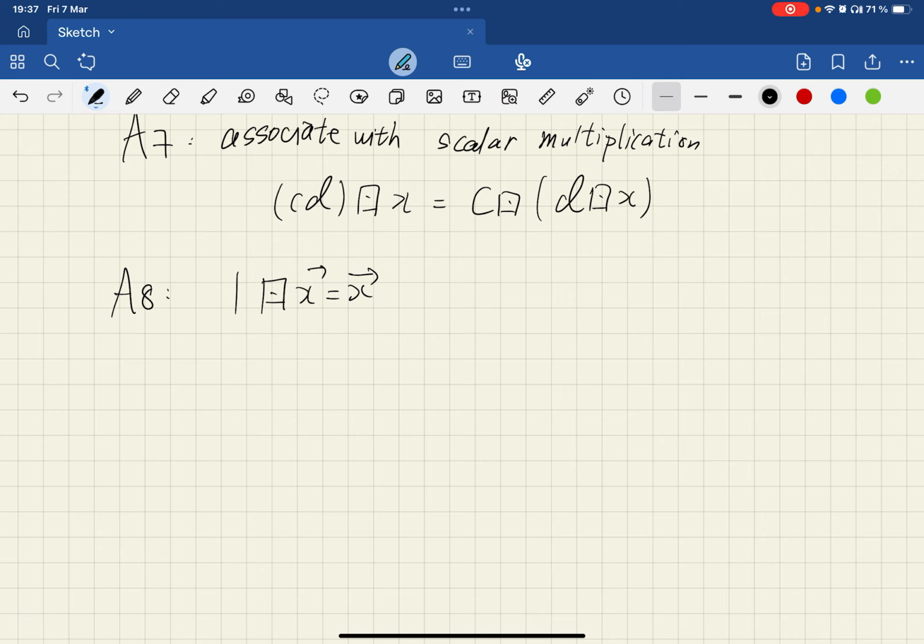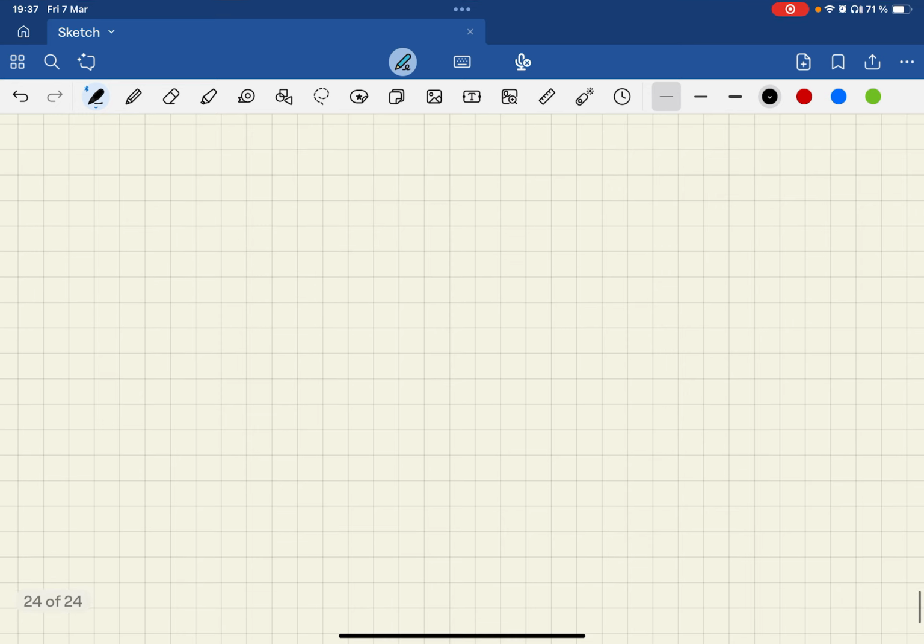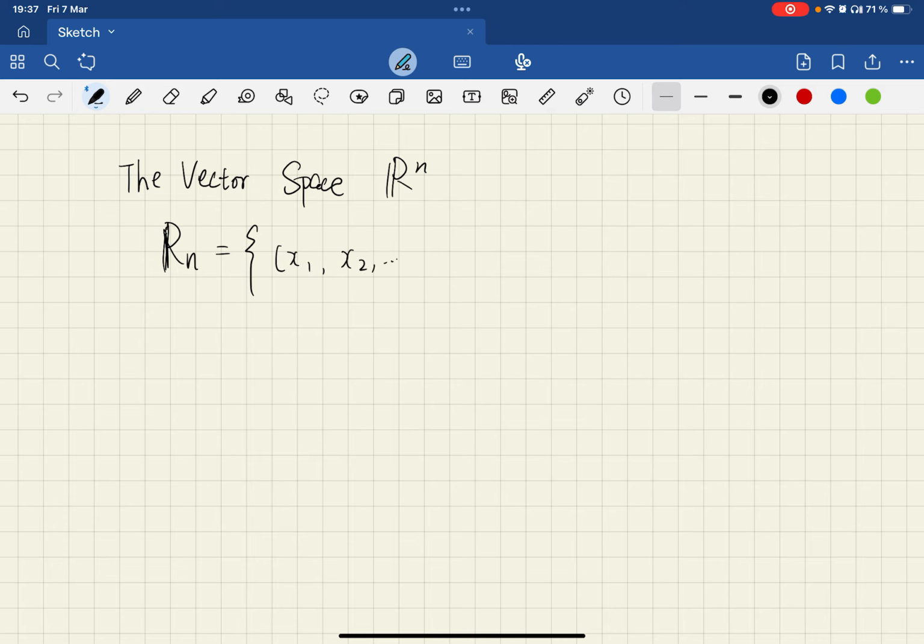So let's talk about something more familiar for all of us, which is Rn. We can see that Rn equals the set where we have components, right?